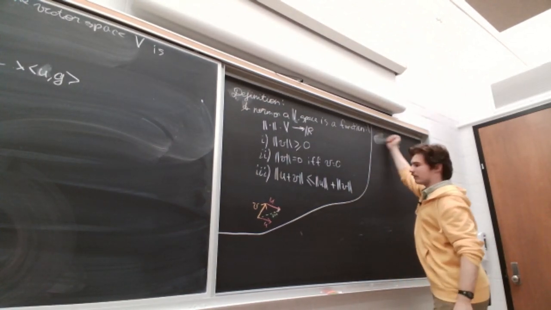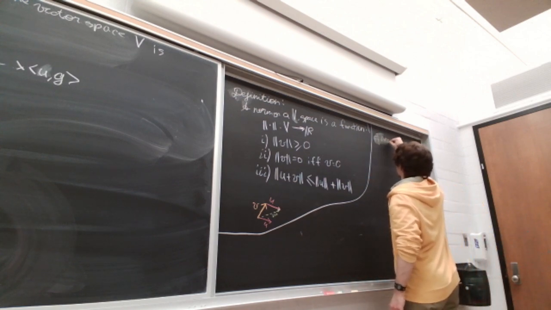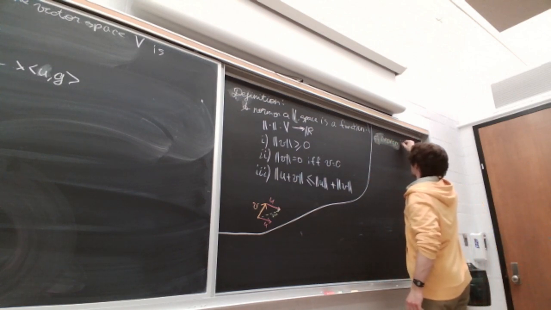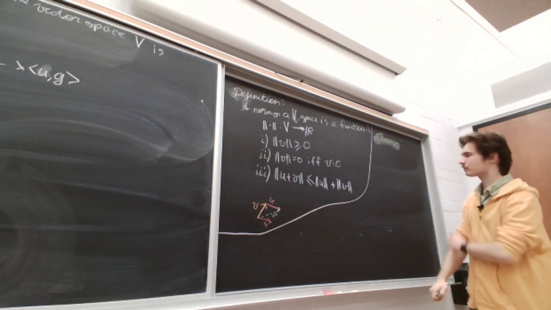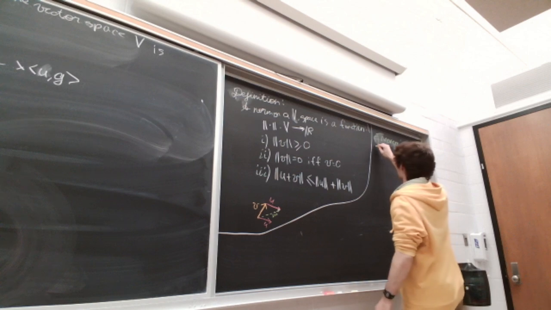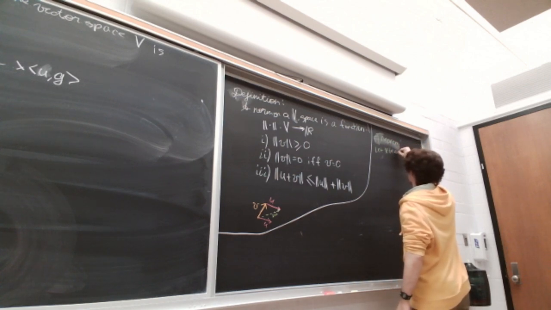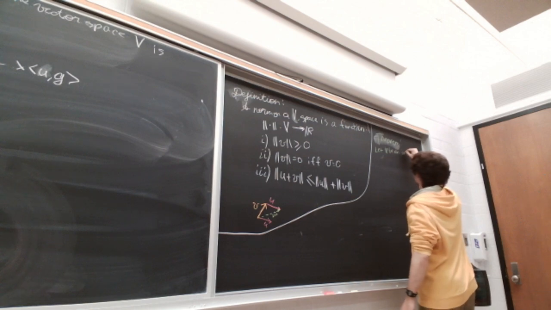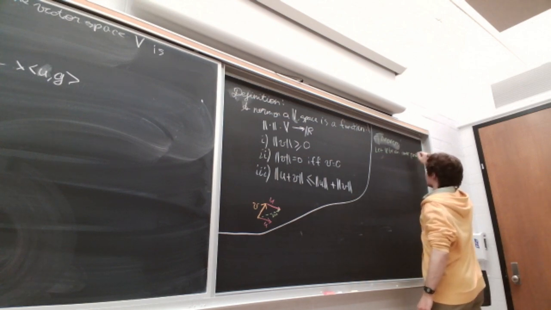I'll write this theorem in green. Theorem. How do we show this? Okay, theorem: let V be an inner product space, so it's a vector space equipped with an inner product.